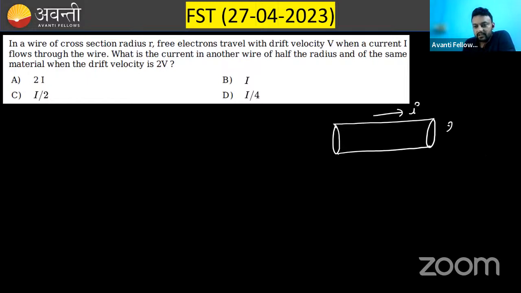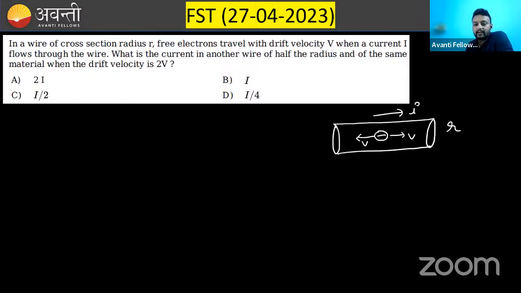The radius of cross-section is R. And the drift speed of electron is V. Let's suppose this is electron and it has a drift velocity V. So I am mentioning drift velocity as V or drift velocity as V.